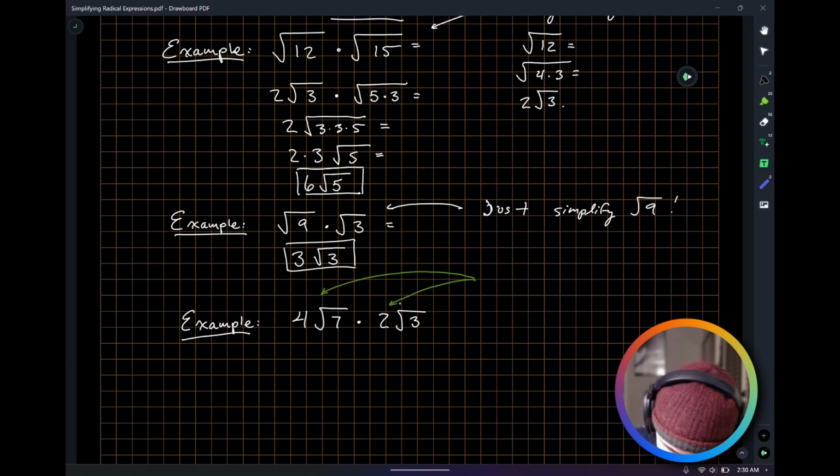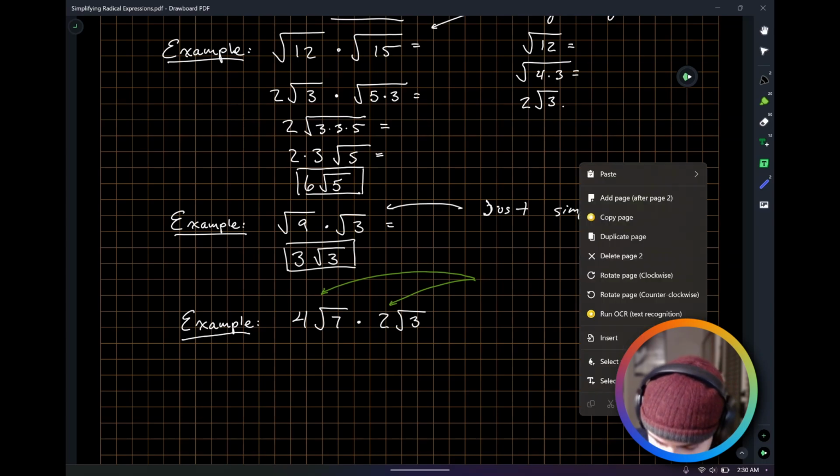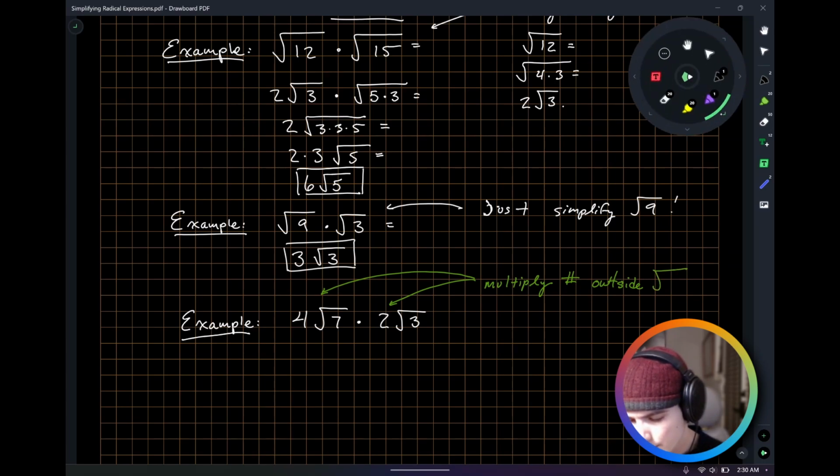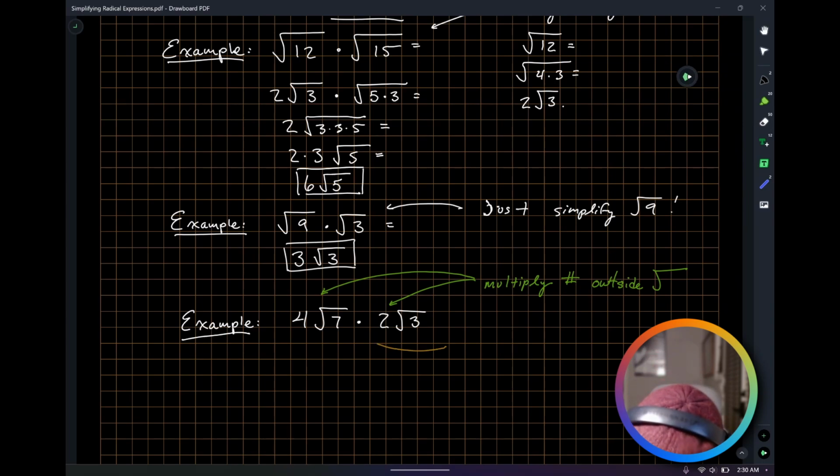So multiply numbers outside the square root roof, and then multiply inside the radicals.